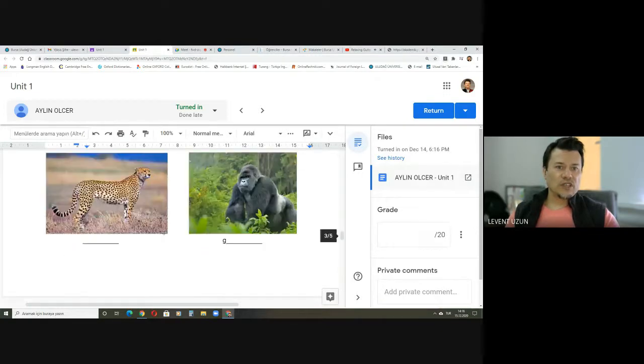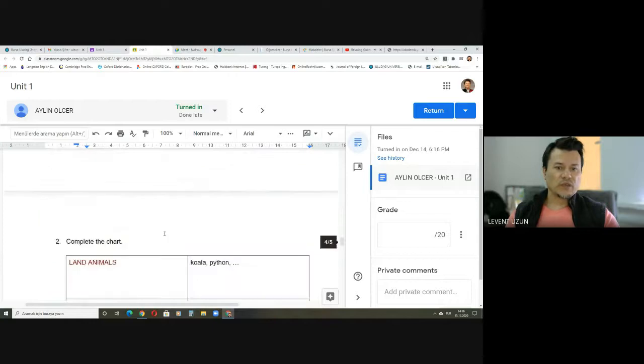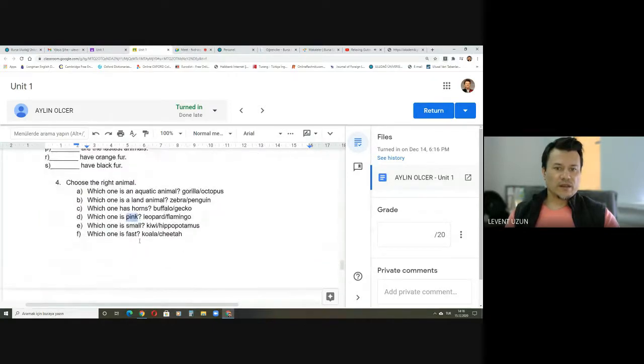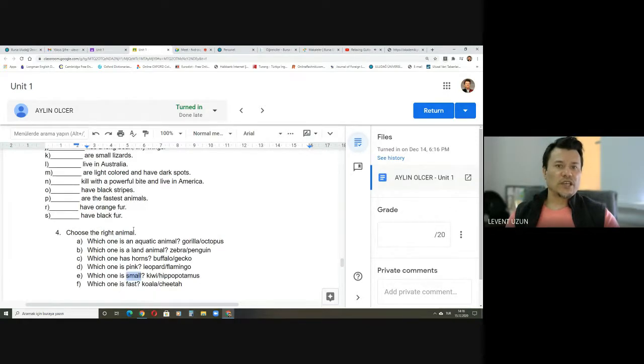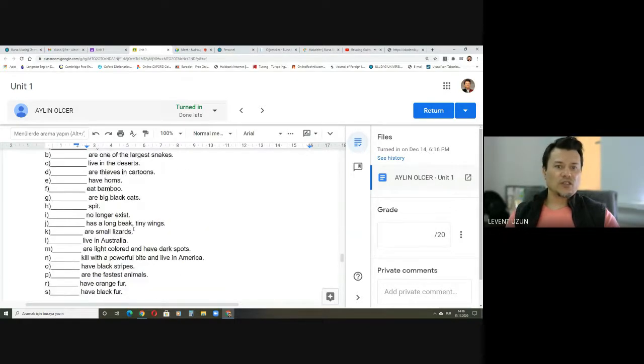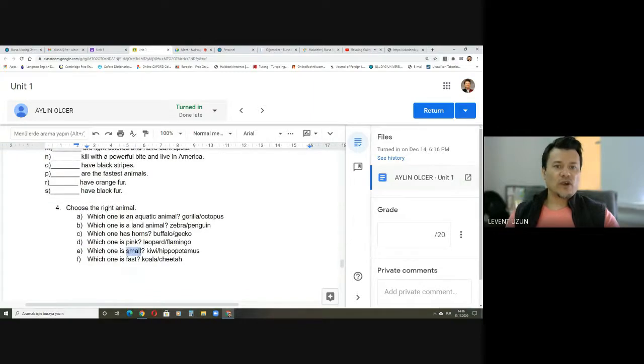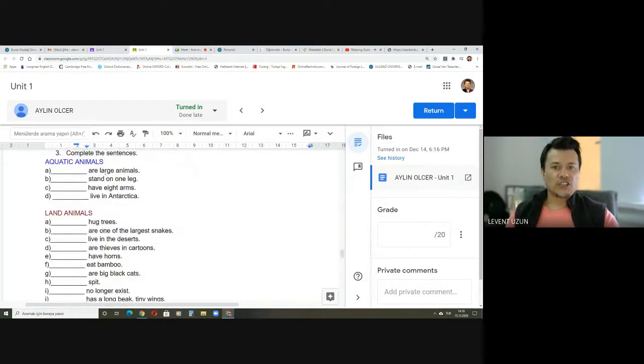But in this unit, there is no teaching part for pink as well. Small, you've got small, okay, kiwi is smaller, but we need to assume that they know small. But we don't want to assume, we want to be sure that they know everything during the activity. So there is no teaching part for small, for large, either.